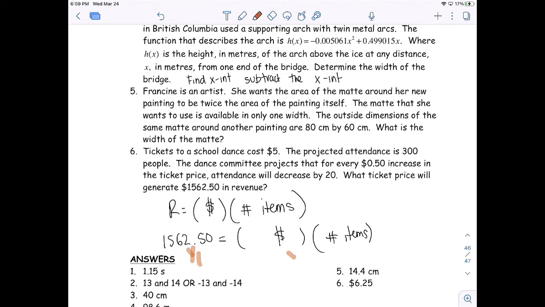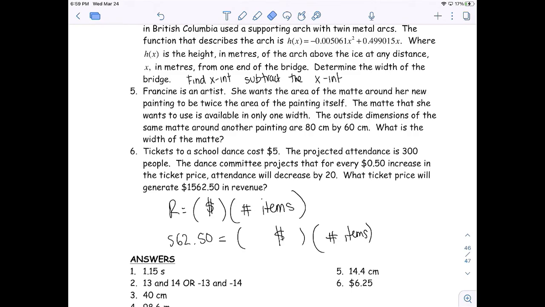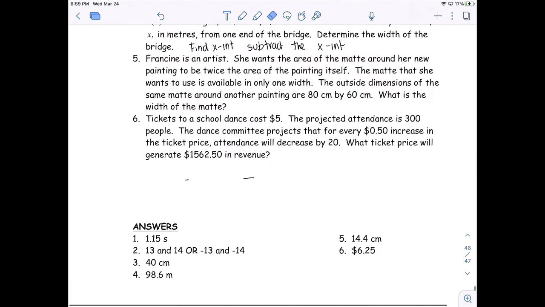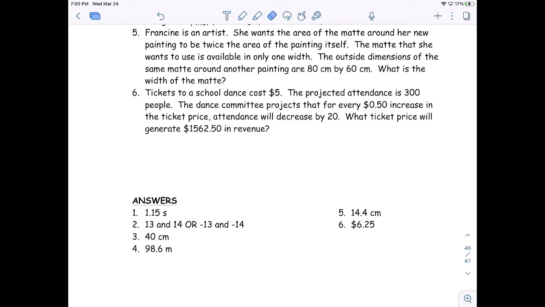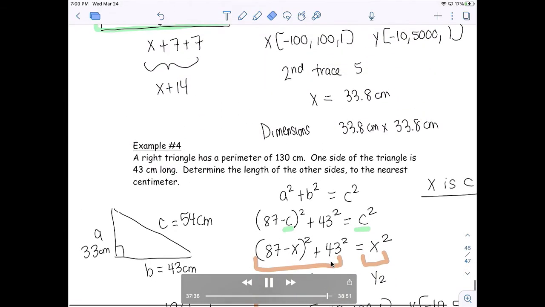Don't forget that you put the left side into y1 and the right side of the equation into y2, and you're just finding where they intersect to find the answer. Usually in the past we looked at the maximum, but in this case we're looking at where these two things intersect. That helps you find the x, and then you use the money bracket to find the ticket price. Don't forget that these are your answers, so check your answers at the very bottom.